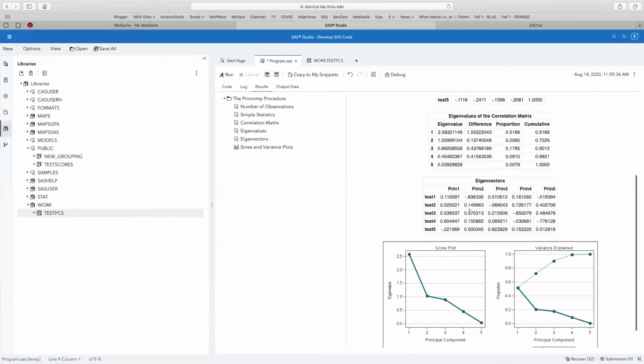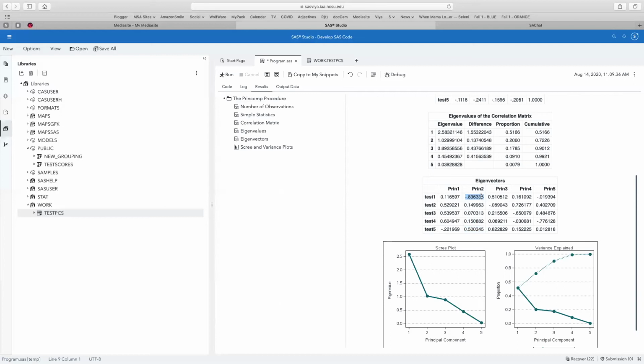If we go back to these results, the second principal component, I'm gonna take these small numbers and just ignore them in my interpretation. And that means that principal component 2 gets at test 5 minus test 1.